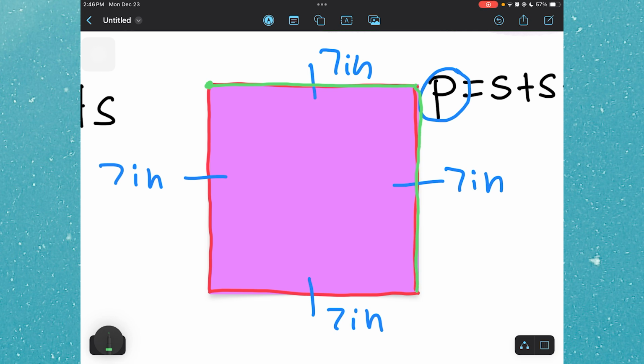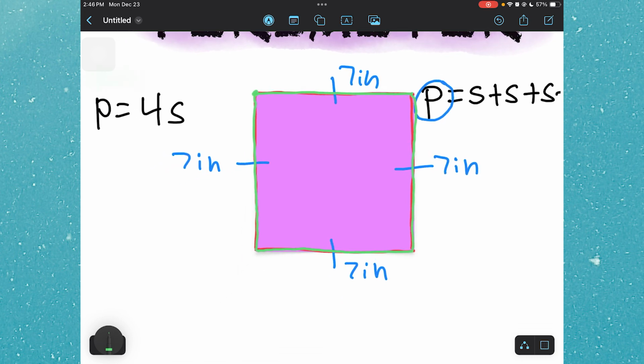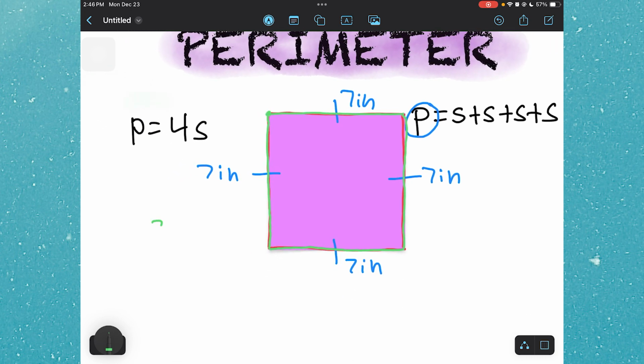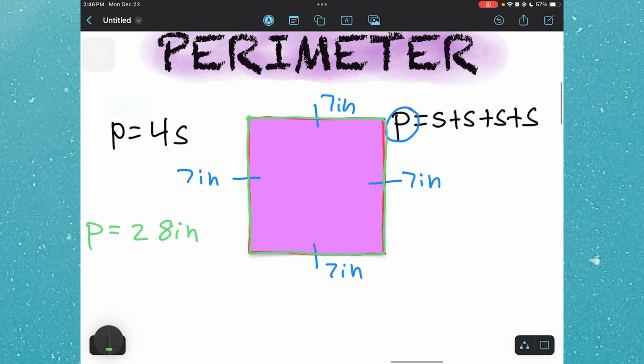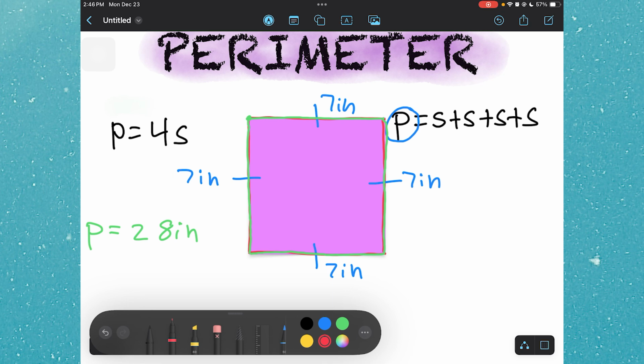If I run 7 more inches, now I've run 21 inches, and if I finish running around this square, in total, altogether, I ran 28 inches, and because that is the distance around the square, the perimeter of this square is 28 inches.